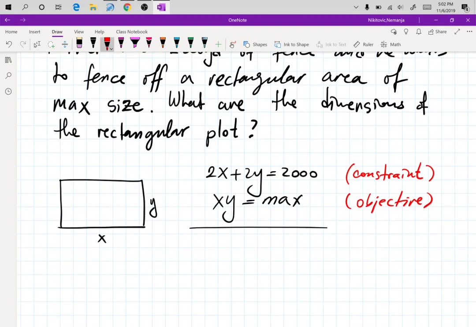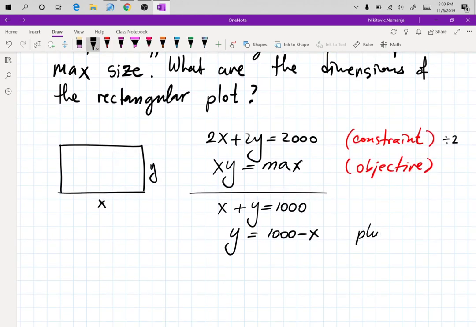We can divide the top equation by 2 to reduce numbers. So we are going to have x plus y equals 1,000. And from there, y is equal to 1,000 minus x.